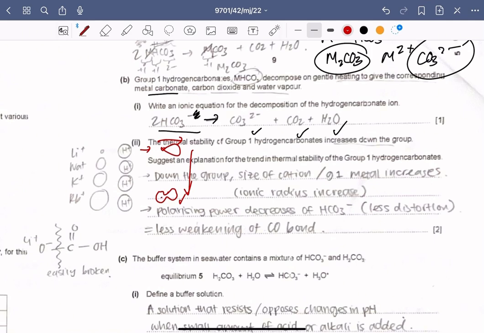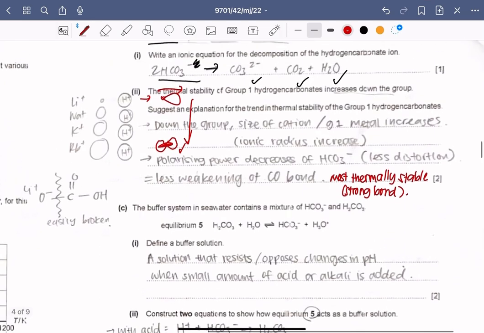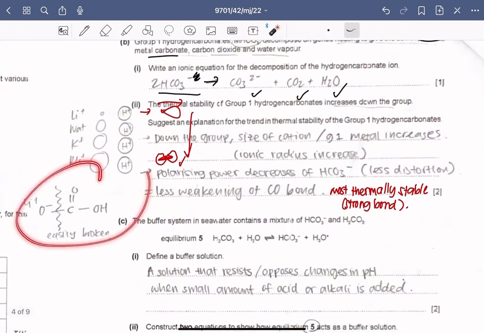Therefore it has the strongest bond, and you could say less weakening of the CO bond, and therefore this is the most thermally stable because the bond is strong. Okay, this is how it would look like. In the CO bond, this distortion occurs here and it's easily broken.